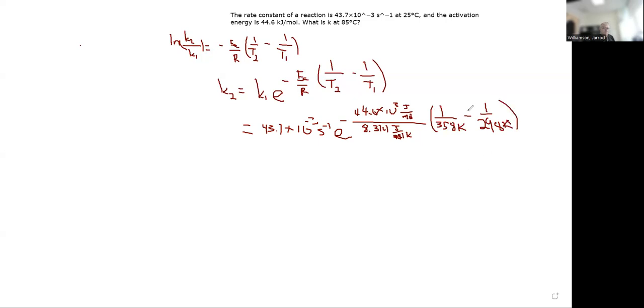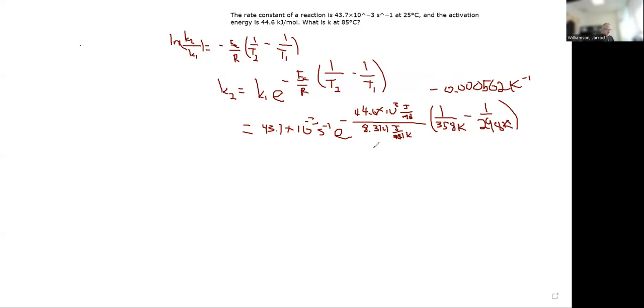When I subtract these two, I get 0.0000562 Kelvin to the negative 1, and it's actually a negative number. And so now I've got to multiply this negative number times 44.6 times 10 to the third, or 44.6 thousand, and divide that by this.